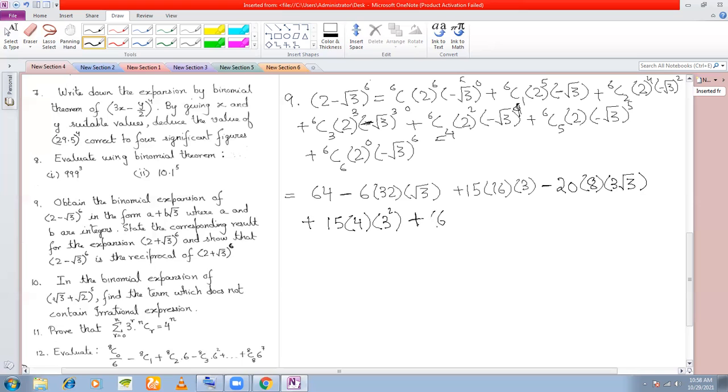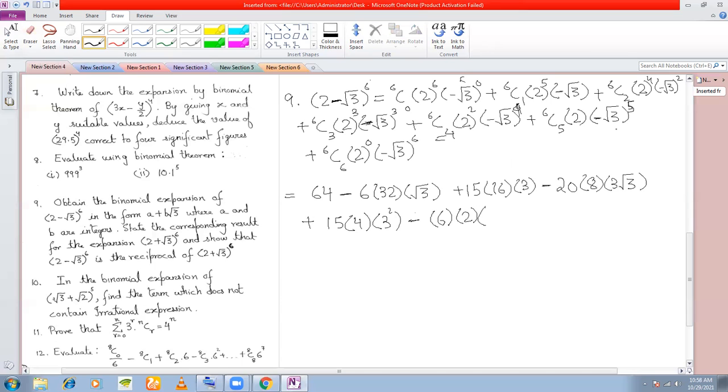6c5 is 6 into 2. Again, you have a minus sign which has been raised to an odd power, right? So this sign should be in fact a minus sign. You see plus and minus signs are actually alternating here because you have 2 minus root 3 here.